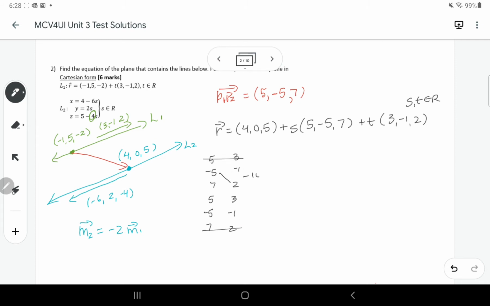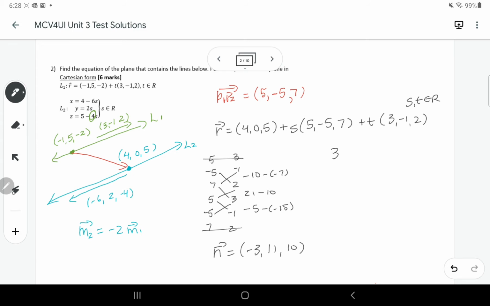So we've got -10 minus -7, and 21 minus 10, and -5 minus -15. So my normal would be -3, 11, and 10.